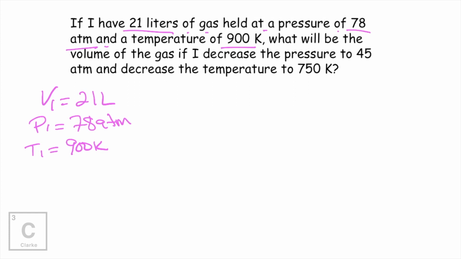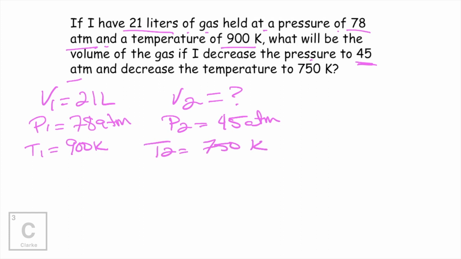Now I'm going to keep reading. I've still got more numbers. What will the volume be? Okay, we must be looking for volume 2. Okay, so let's keep going. We've got 45 atmospheres. That must be our new pressure. Pressure 2, 45 atmospheres. And then lastly, temperature also decrease to 750 Kelvin. Okay, so now we're ready to set this up.